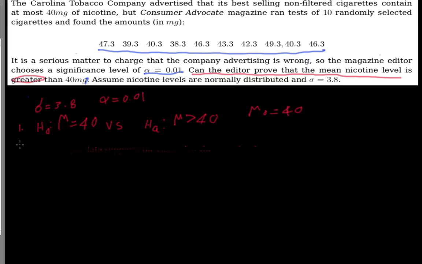Then go to the second step. Actually alpha significance level is given: 0.01.